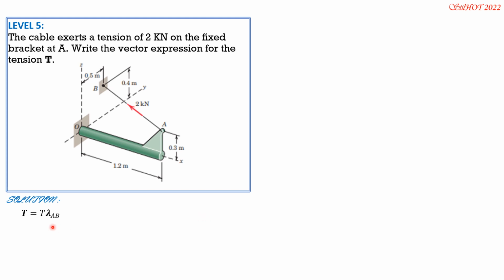So T in vector form is the magnitude times lambda of AB, where the magnitude is 2. So that's it.